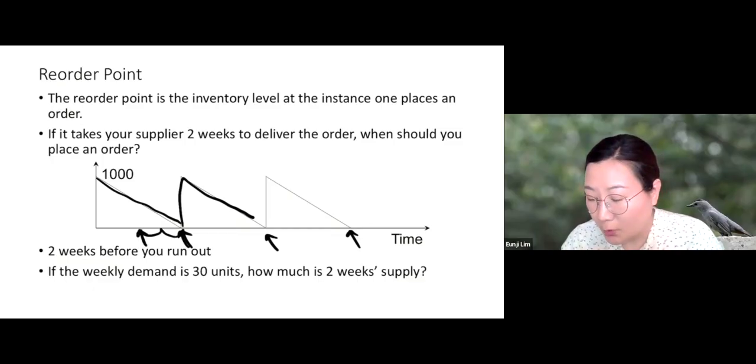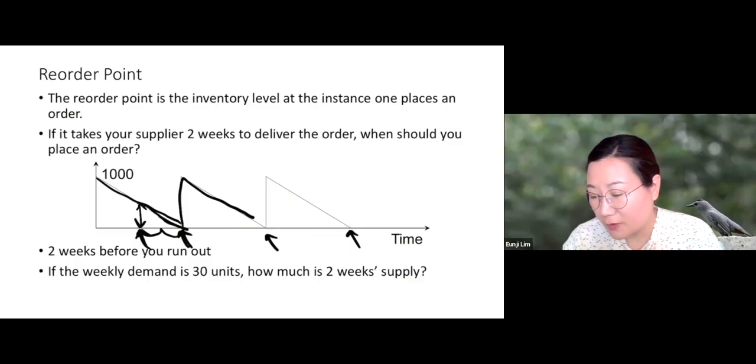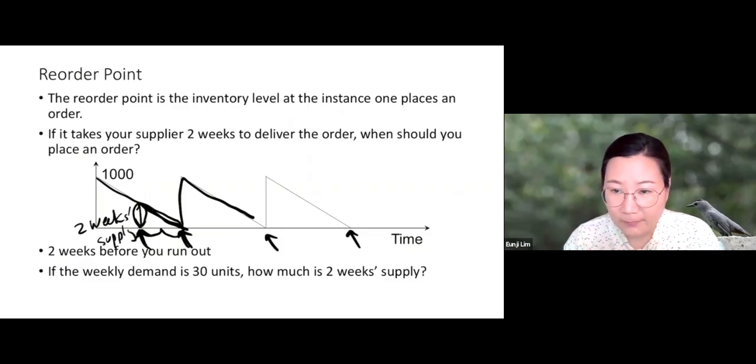And the reorder point means how much inventory you have at the instance you place an order. So how much inventory do you have at this point? Since you run out in 2 weeks, you have 2 weeks supply. That's your inventory level at this point, and this is the reorder point.